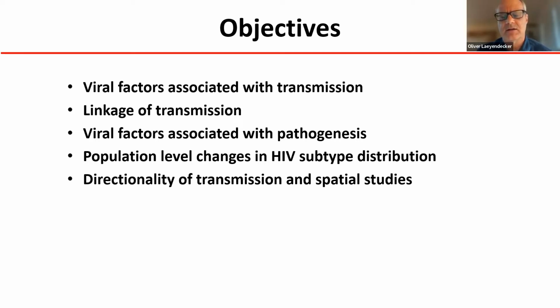And that has to do also with determining the directionality of transmission and how that overlays on spatial studies, and how the combination of all of those really helps you understand how the virus is moving through a population.